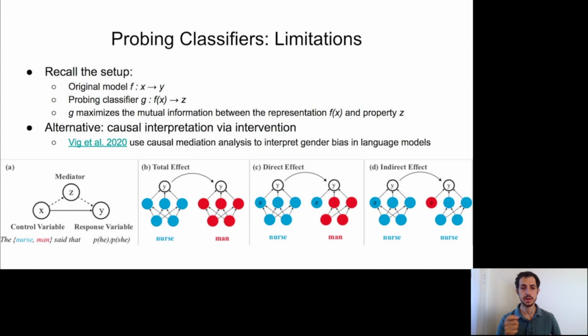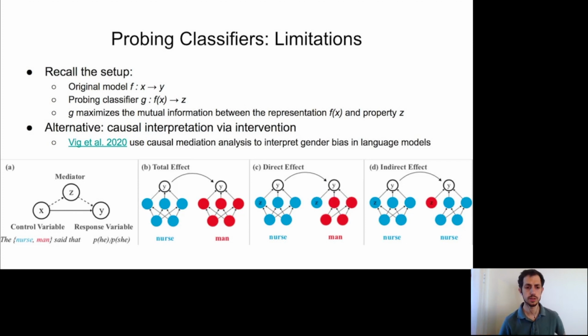Those are achieved by plugging in certain activations from one setup to another setup. We take the activations of the model on the word nurse, and if we're looking at a particular neuron, we can take this activation and plug it into the activation on a different input, man.